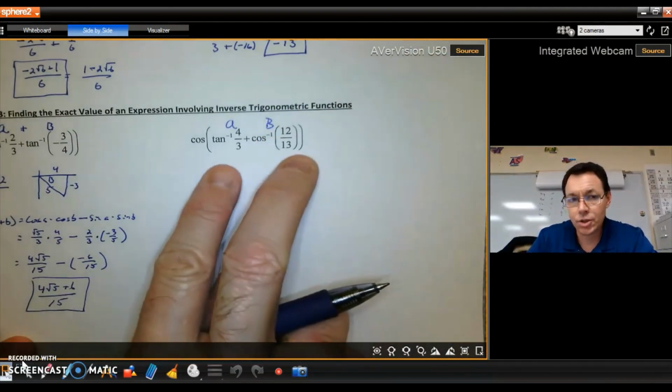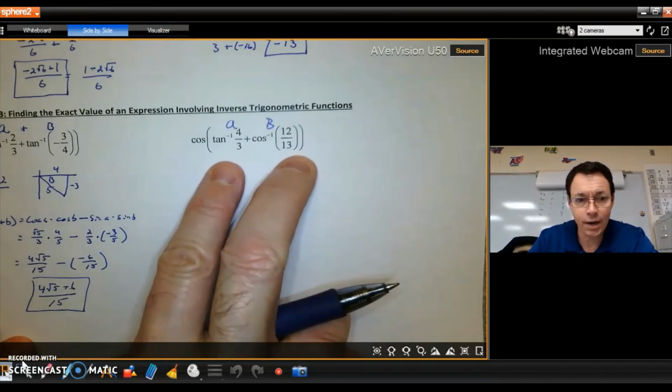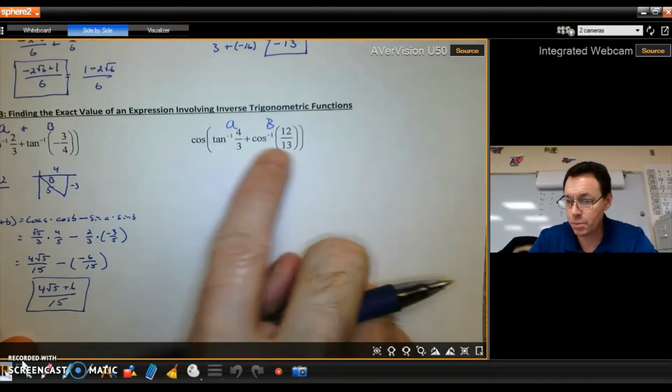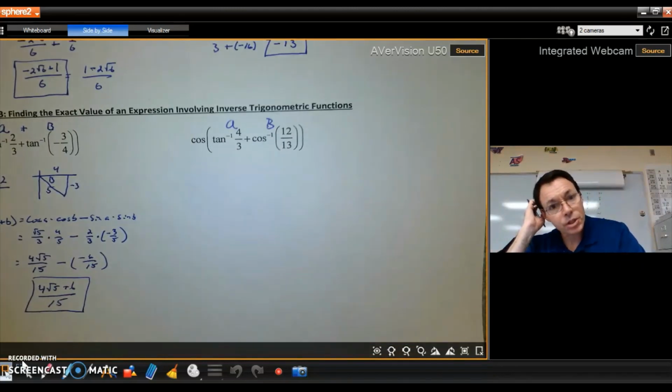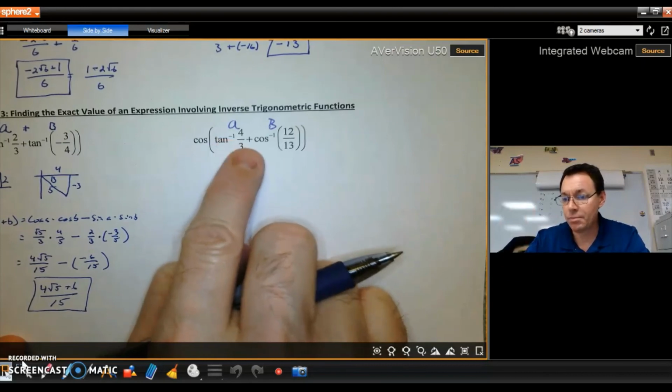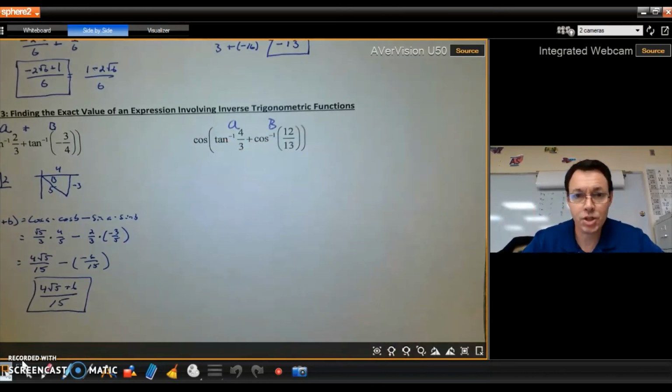So you need to draw two pictures. You need to think about where those pictures are, since both of these are positive. Okay? And then once you have the pictures, use the formula for the cosine of A plus B and plug that information in and see if you can simplify this.